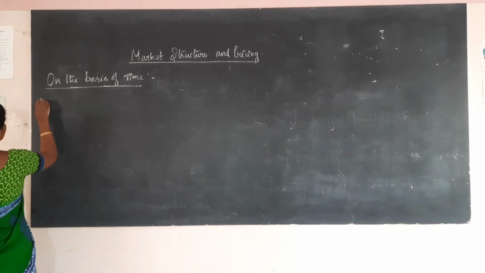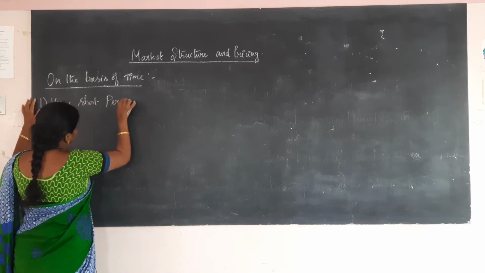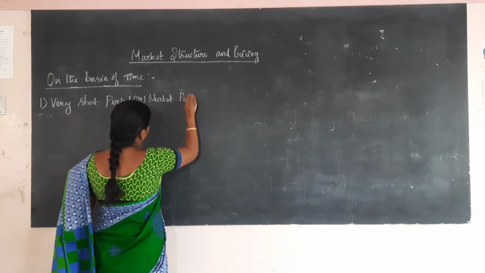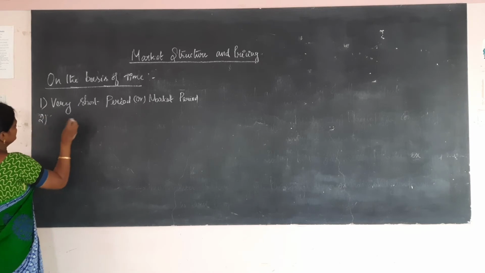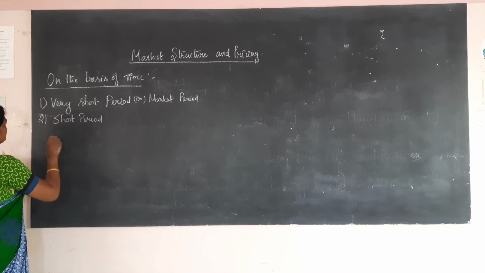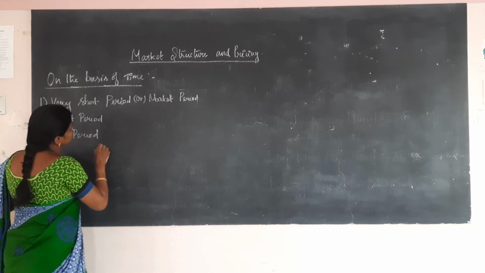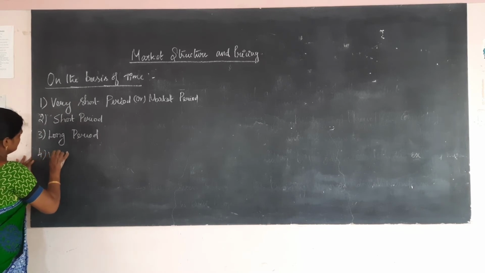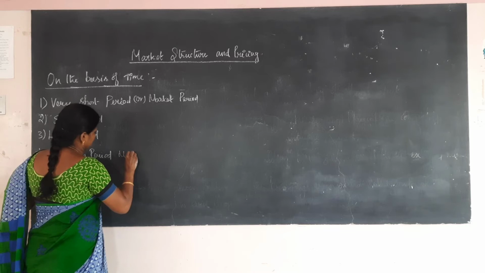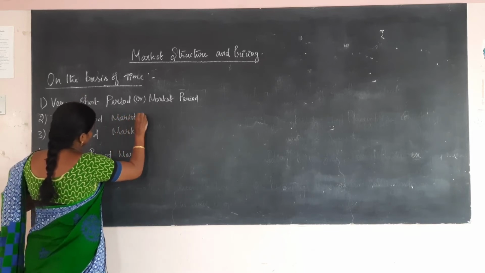On the basis of time, we can classify market into four, that is very short period or market period, second one short period, third one long period, then fourth one very long period market.